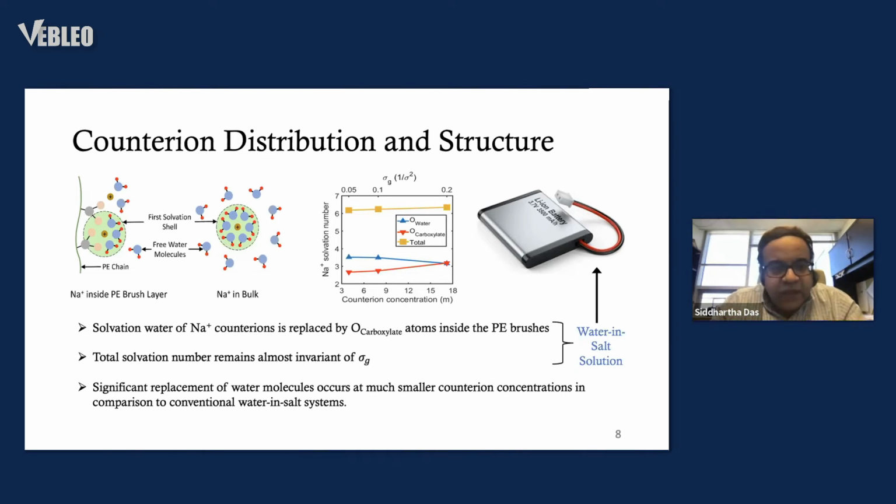And hence, you see, we get a structure as shown on the left. You see that some of the water molecules, whose oxygens are shown in gray, are replaced by these pink COO minus groups. That is very similar to what is happening in the water in salt environment.